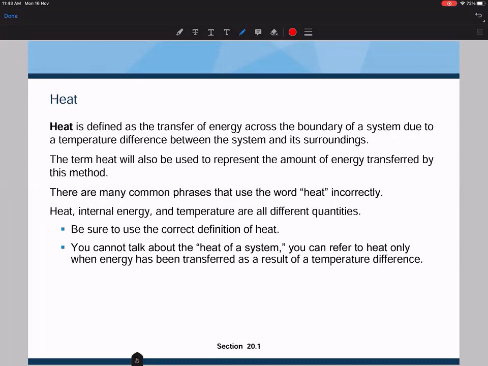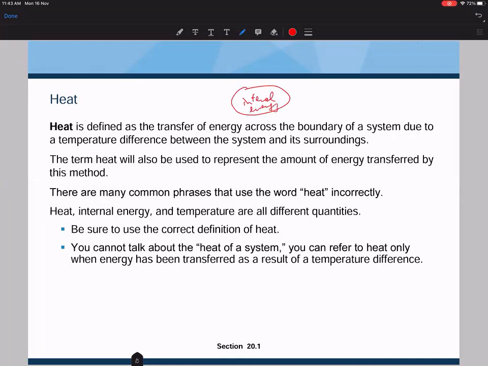Now, heat energy is something different from the internal energy. For internal energy, it is present within the system.